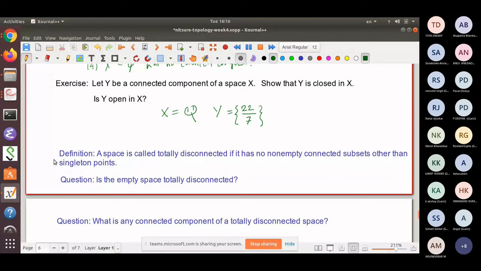Now back to this. So question, is the empty space totally disconnected? Yes. And is it connected? Yes. So it's both connected and totally disconnected, right?